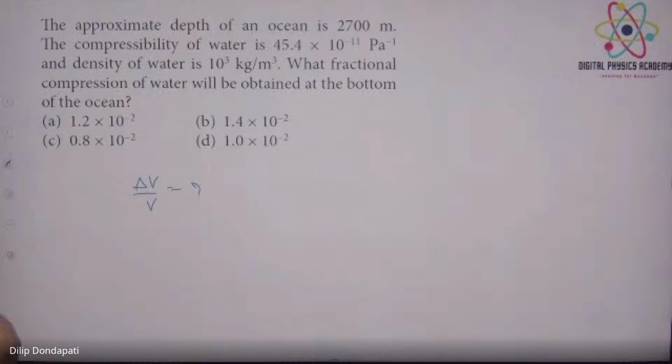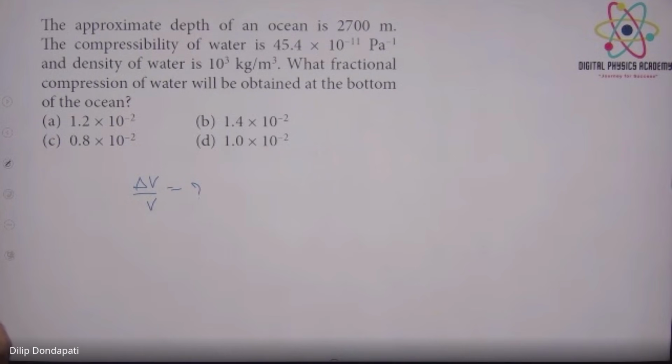So 1.4 into 10 power minus 2. 1.4 हाँ. देखेंगे.